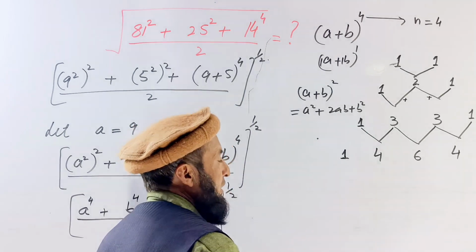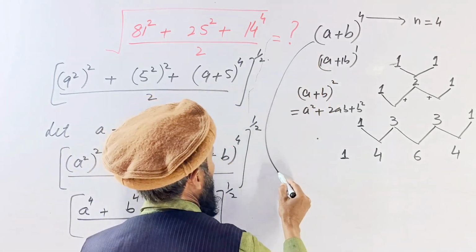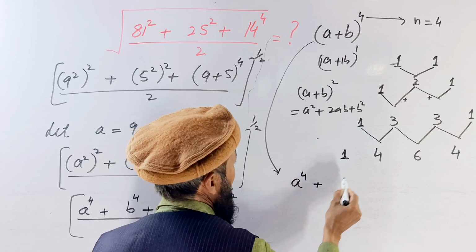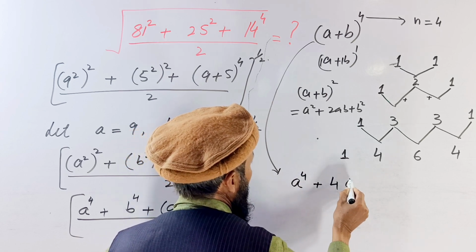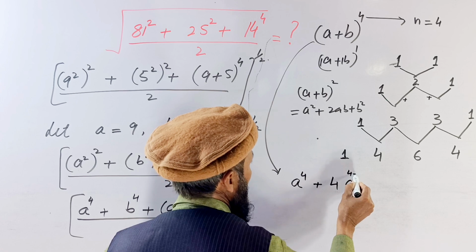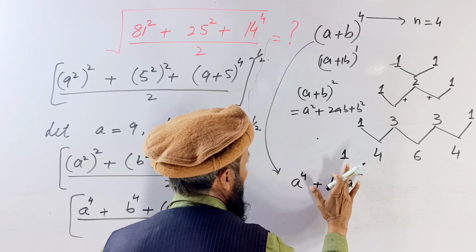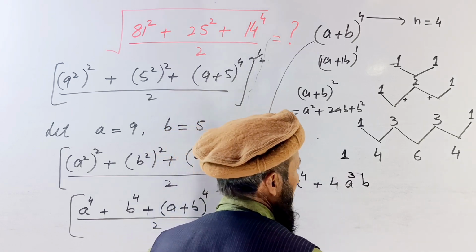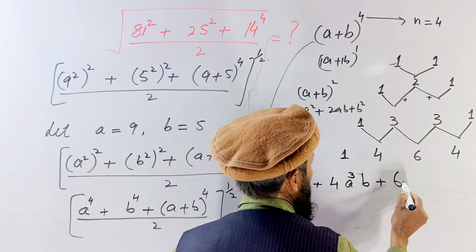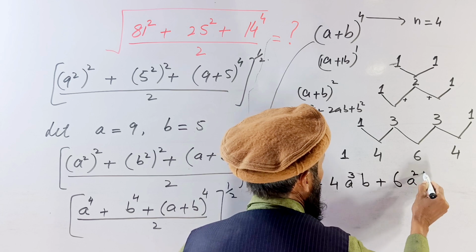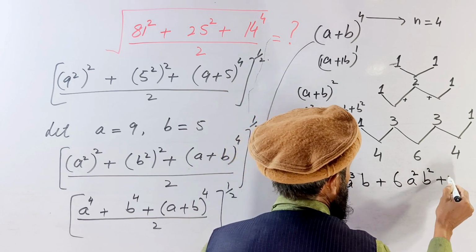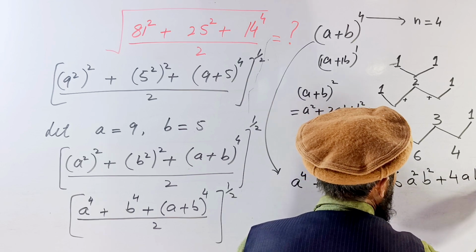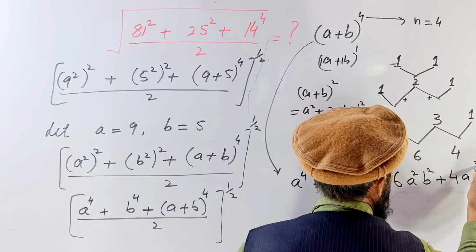Now we reduce this and write it according to the coefficients: A exponent 4 plus 4 A cube B, the exponent reduced from 4 minus 1 gives 3, plus 6 A square B square plus 4 A B cube plus B exponent 4.